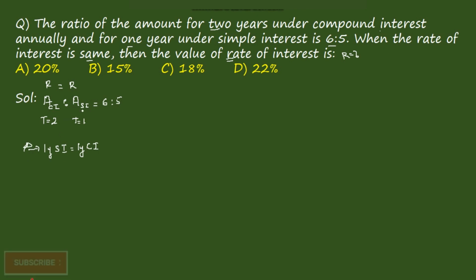So this is nothing but a compound interest only, right? We know one formula of compound interest: amount is equal to principal into (1 plus r by 100) whole power t.